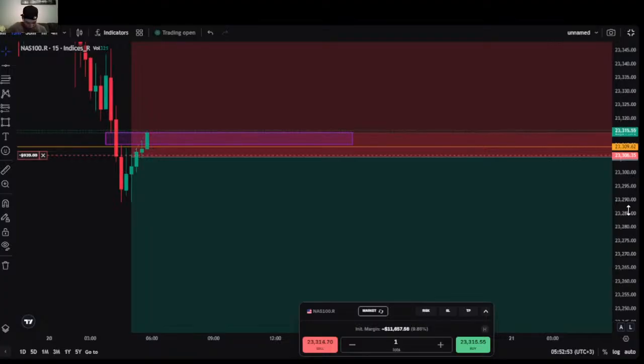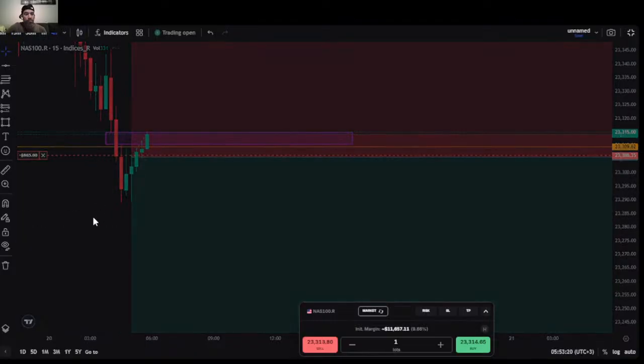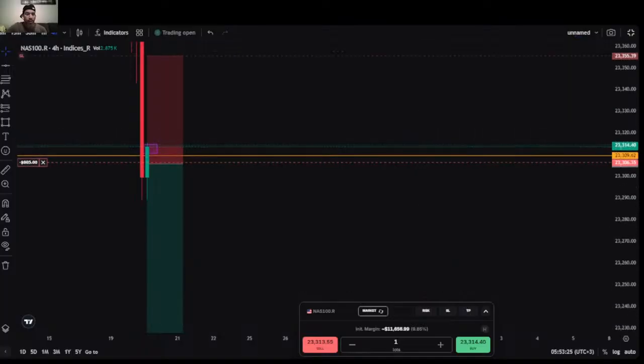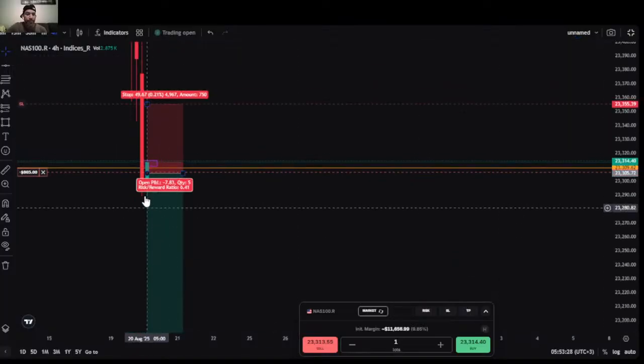What are you gonna do, Nas? It's currently trading above that support. Yeah, you can see the new 4 hour, right?